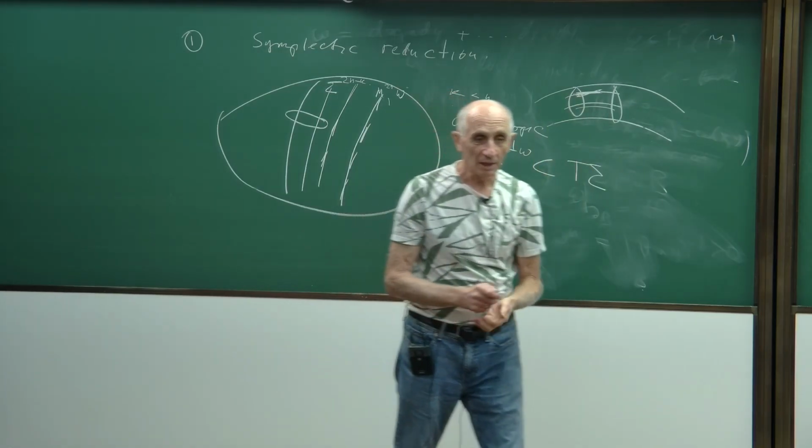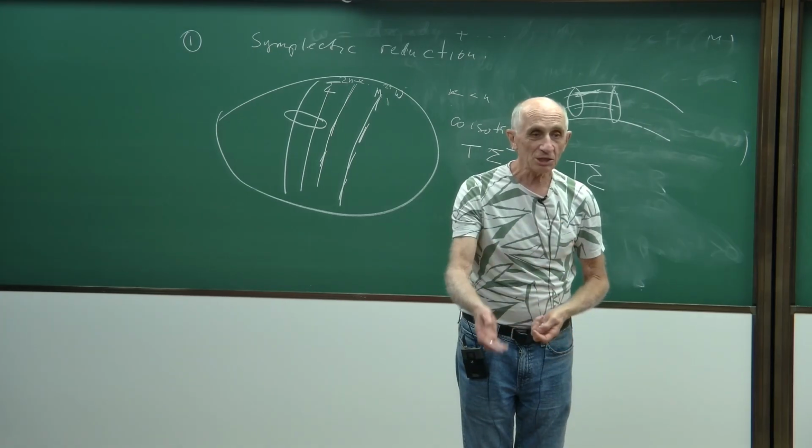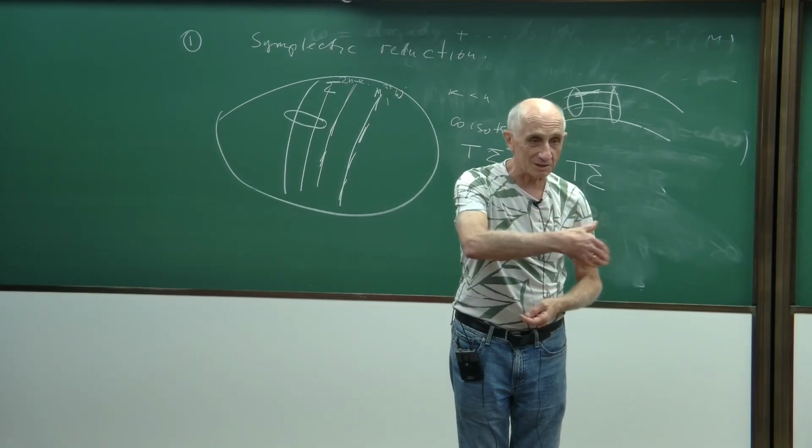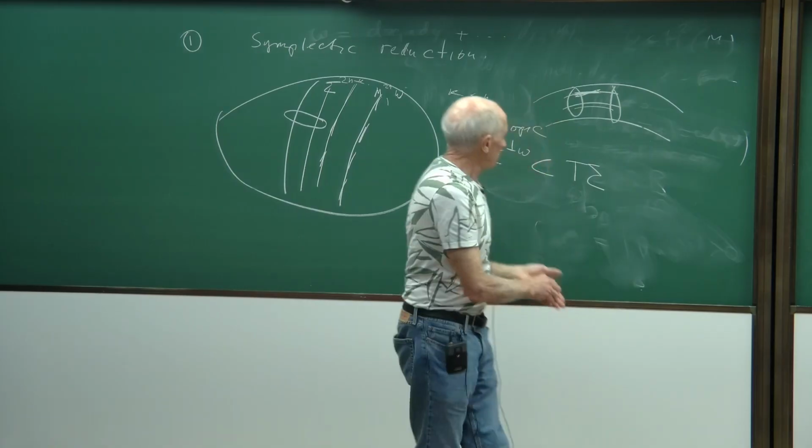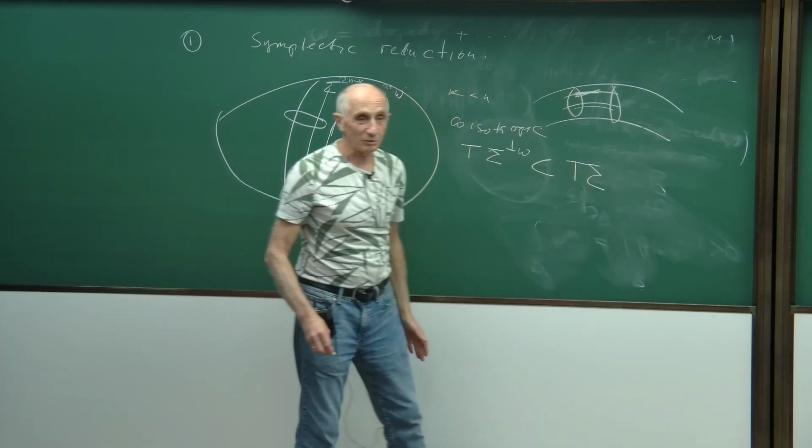So what you get, like in topology, is a foliation with a transverse symplectic structure, right? Okay, so you get a foliation with a transverse symplectic structure.